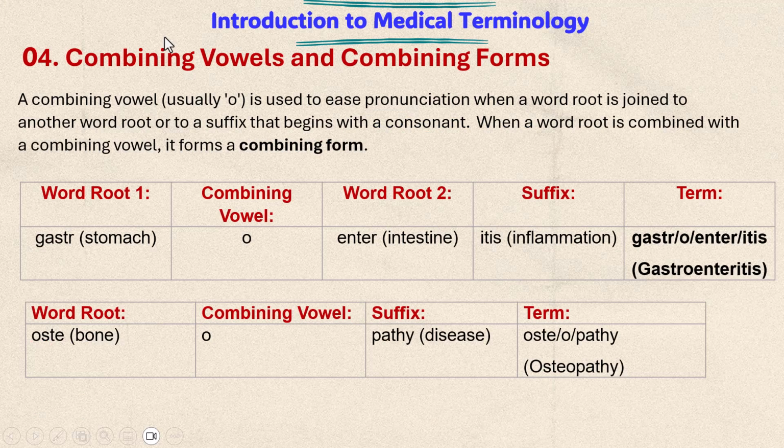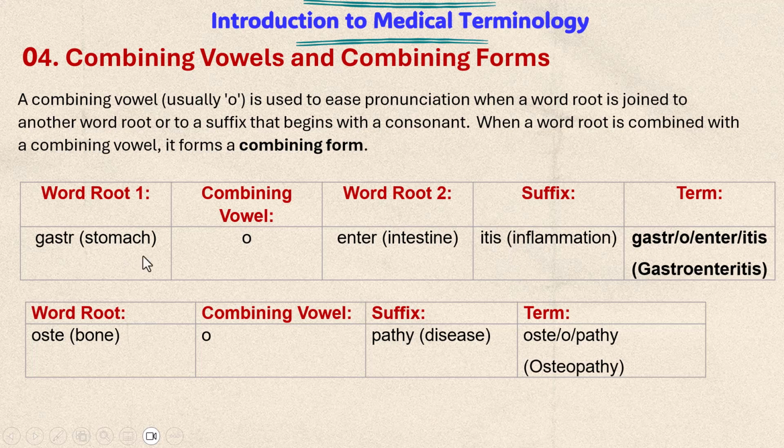The fourth one is combining vowels and combining forms. A combining vowel, usually O, is used to ease pronunciation when a word root is joined to another word root or to a suffix that begins with a consonant. When a word root is combined with a combining vowel, it forms a combining form. For example, word root gastr, which means stomach, combining vowel O, word root enter, which is intestine, and suffix itis, inflammation.